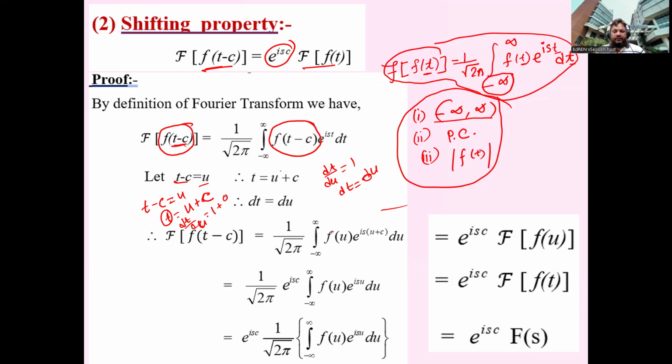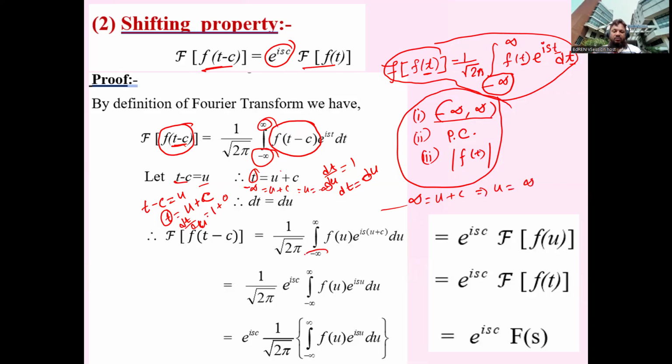Do you understand? So now here you see the limits will be the same. We need not change the limit, because if we take the lower limit negative infinity for t, it is negative infinity equals u plus c. So u will be negative infinity. When you take positive infinity for t, we can write positive infinity equals u plus c. So u will be positive infinity.